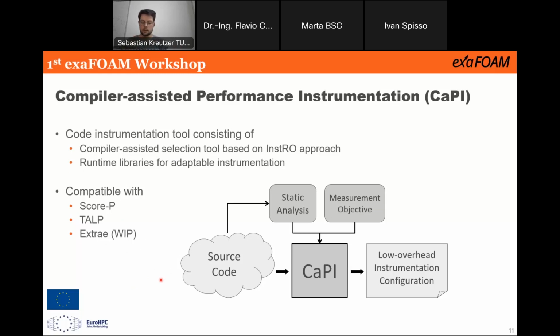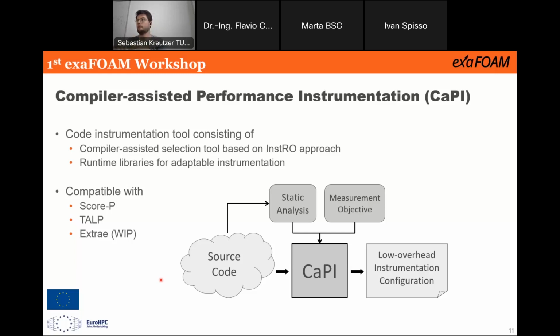The basic idea is, instead of using the full instrumentation and then using the results from that to see what you want to measure, you're starting from the source code and running analysis on the source code, and then using input from the user in order to decide which parts should be measured in the first place. So you don't have the necessity to first do a full profile run.